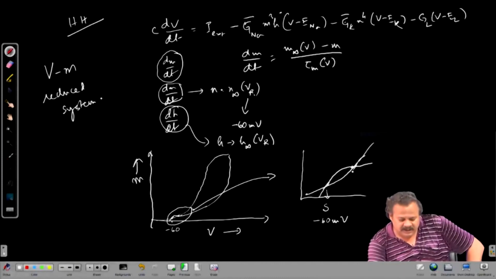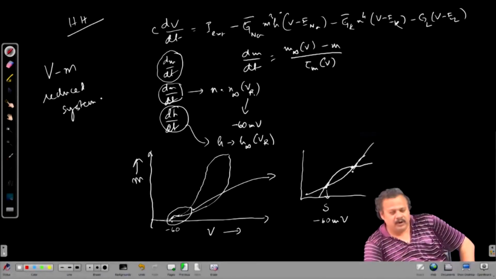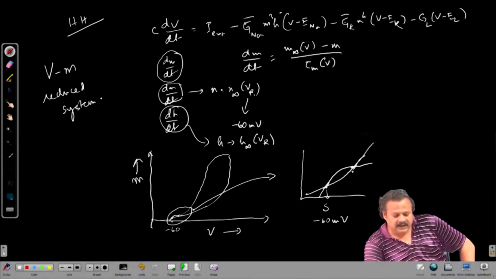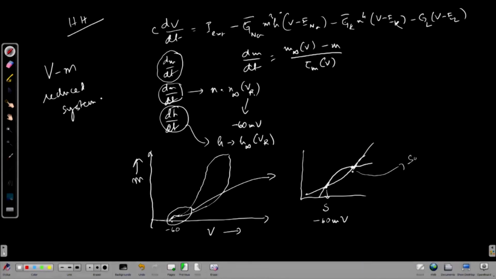If you linearize the system around this equilibrium point, you will see that the eigenvalues are all negative and it is a stable equilibrium point. And this again turns out to be a saddle node.